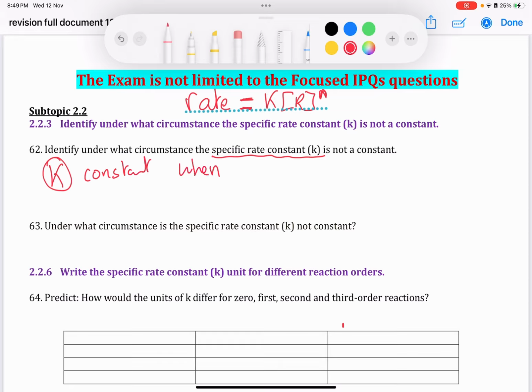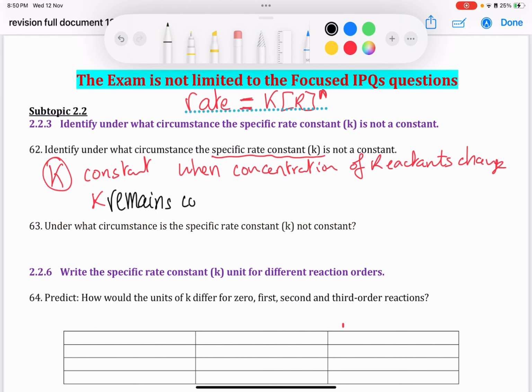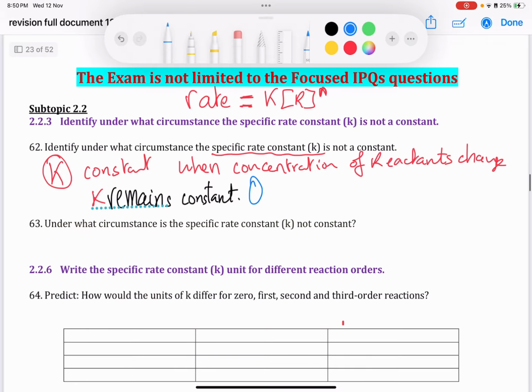Now, this K is a constant. When the concentration of reactants changes, K remains constant, unchanged. The only thing that allows K to change is the temperature.